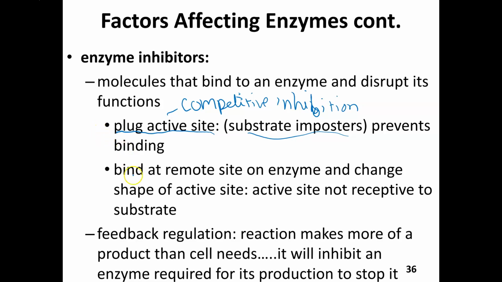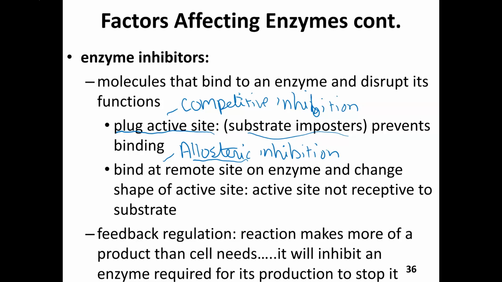The other is called non-competitive or allosteric inhibition. So allosteric inhibition occurs when a molecule binds to an area outside of that active site. Actually, that spot is known as the allosteric region, which is where the name comes from.